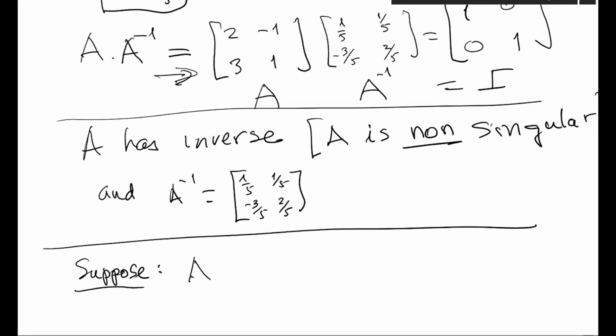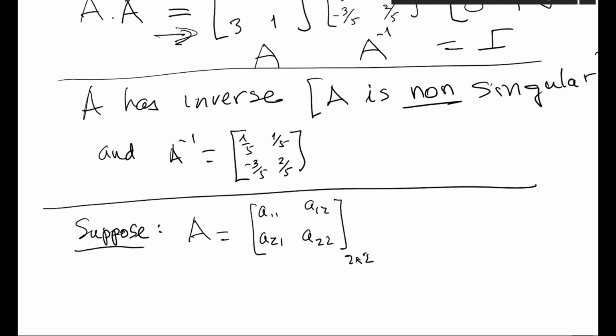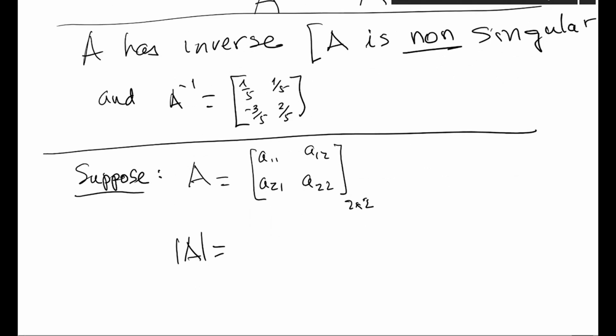But see, suppose that A is equal to A11, A12, A21, A22. You don't know the entries, but it is 2 times 2, a square matrix of order 2. Let's call the determinant of A the expression A11 A22 minus A21 A12.